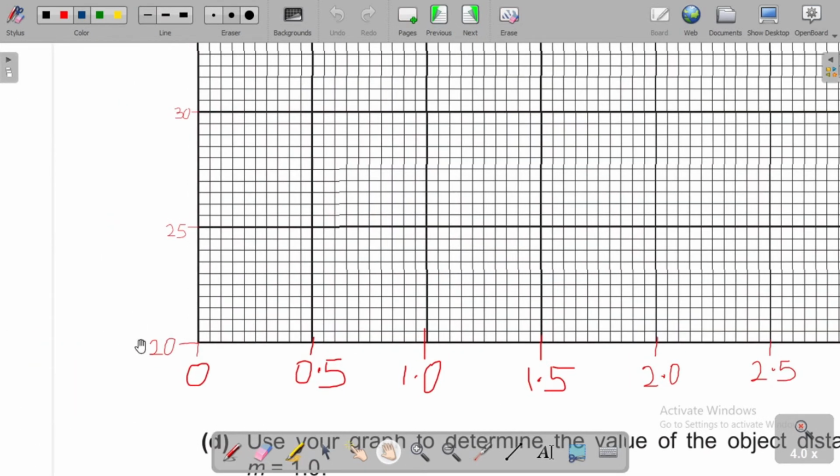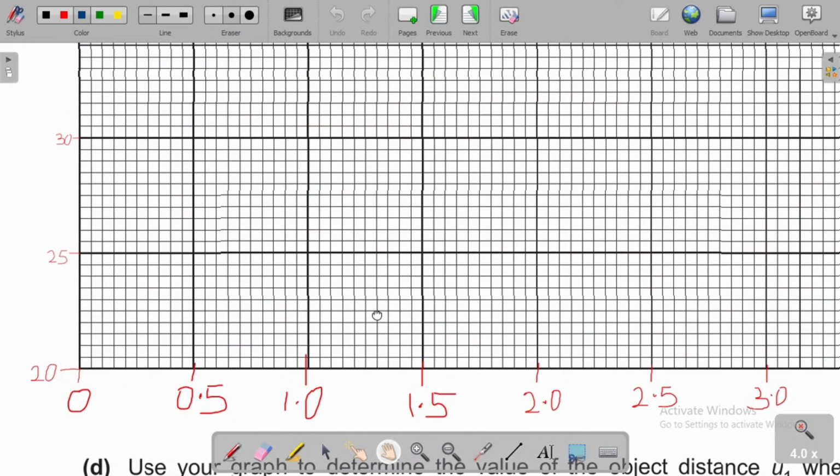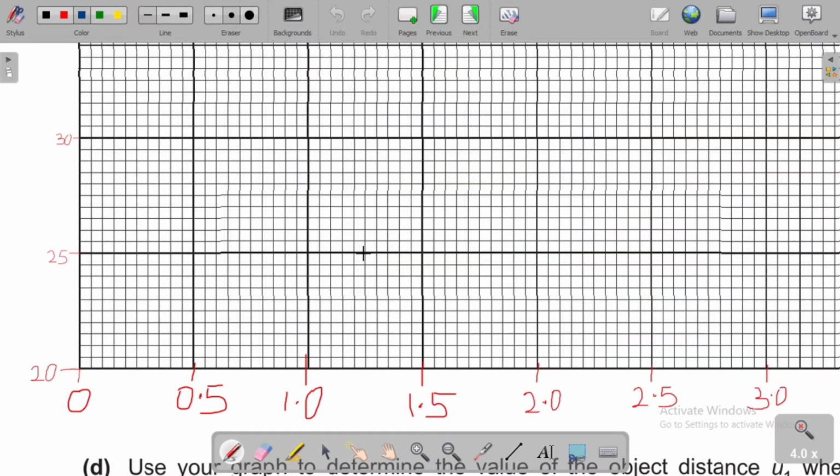So let's look at the labeling. You've been told to start this from 20. But let's look at our table to know how we are going to choose. Now, for you, it starts with 20 and ends with 40. Your scale must contain a greater part of the sheet.